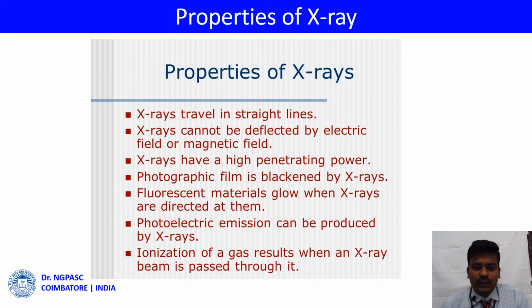Photoelectric emission can be produced by X-rays. Then ionization of gas: I already told you that gamma rays, X-rays and ultraviolet can cause the ionization process, the removal of electrons. So ionization of gas results when an X-ray beam passes through it.